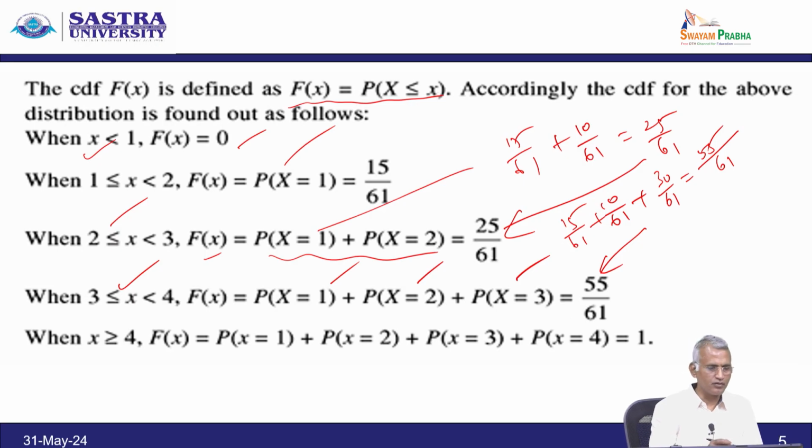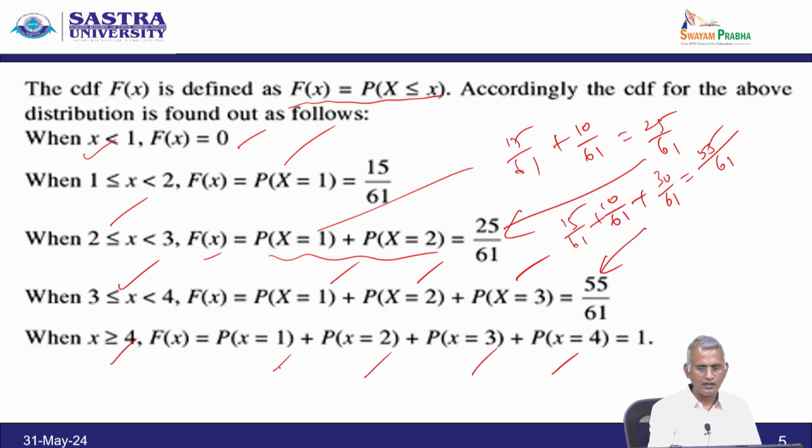Suppose x is greater than or equal to 4, then F(x) equals the sum of X=1, X=2, X=3 and X=4, and you know the value of each.